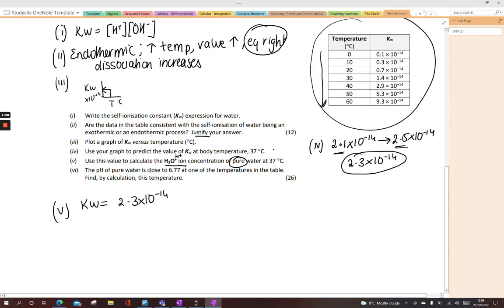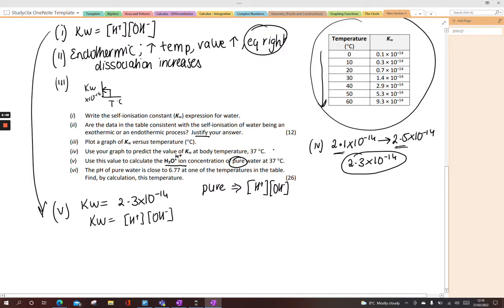Now once I see it's pure water, that implies that your hydrogen ion, or your H3O+, and your hydroxide ions are in the same amount. Now we mentioned there in part 1 that Kw is equal to the product of the molar concentrations of hydrogen ions times hydroxide ions. Now we know at that temperature that Kw is 2.3 by 10 to the minus 14.